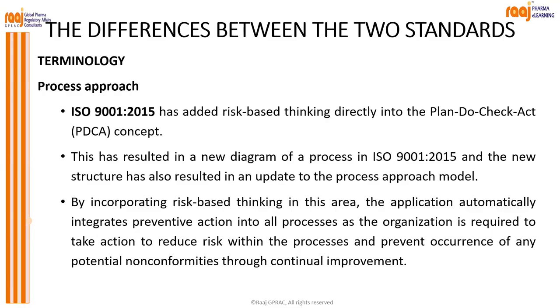So we have to think not only about the product and the risk involved in the product, but also the people, right from the raw material received in your factory till how it is utilized, how it is manufactured, and the final product is dispatched to the customer. You have to identify the risk right from the raw material ordered till the final product dispatched to the customer, and not only after dispatching, but also how you receive the feedback.